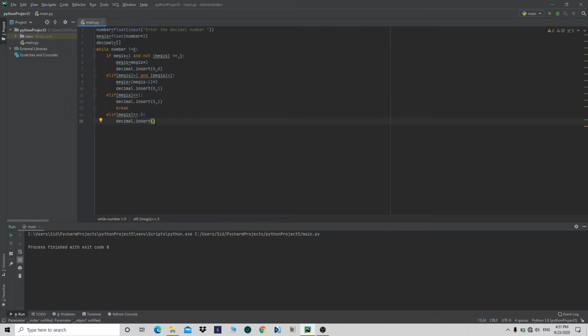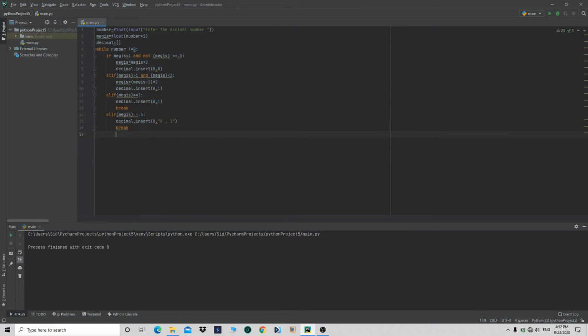I'm going to use a string value for that, because I don't have any other option, because I literally just got started. I'm going to leave a space over here, and I'm good to go. And I'm going to break this loop.